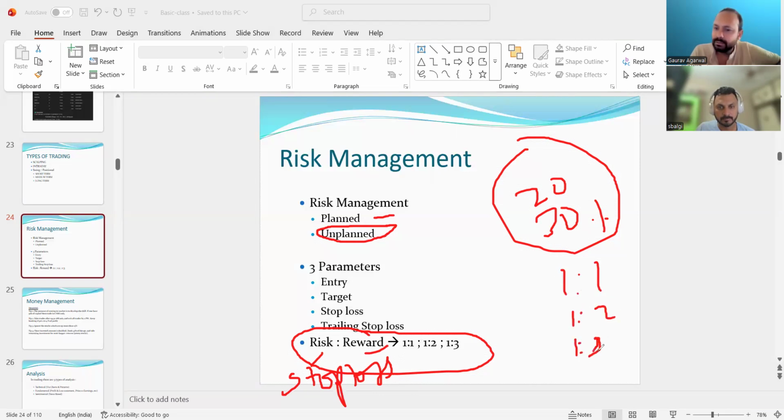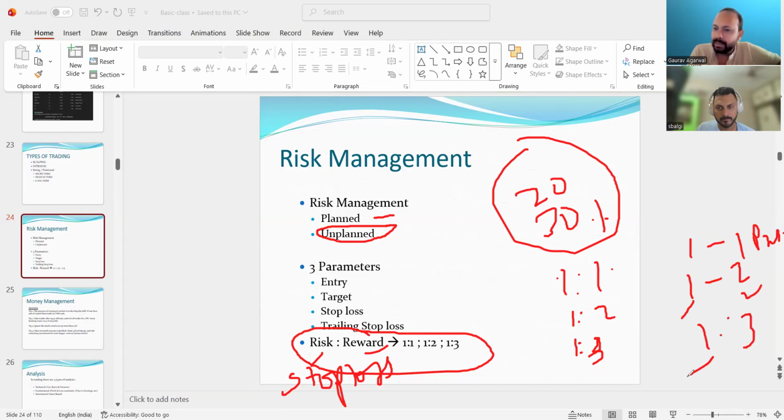We need to think about this whether we are an intraday trader, a swing trader, or a long-term investor, right? 1:1 means I am keeping 1 rupee as risk and 1 rupee as profit. 1:2 means I am taking 1 rupee as stop loss and 2 rupees as profit.